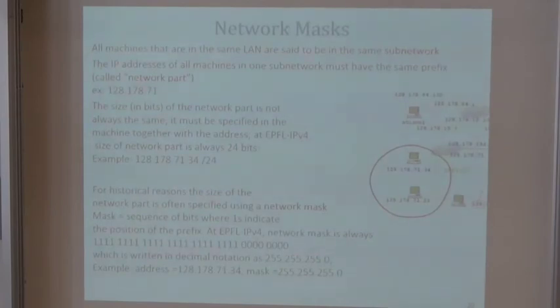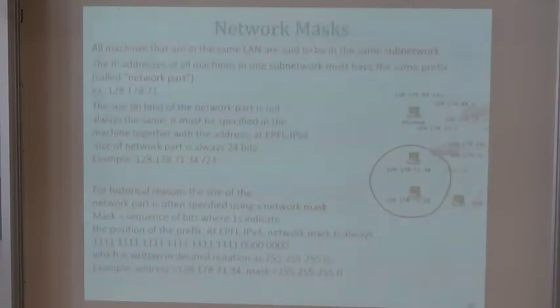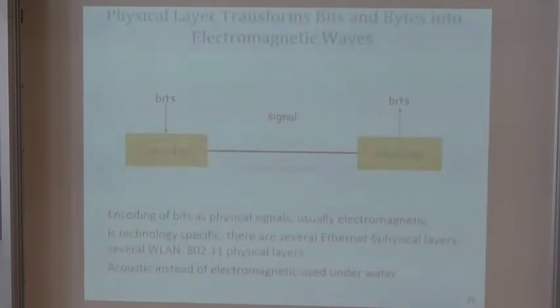What your computer does when it comes to EPFL is first contact a server to obtain that information, and only when it has that information, it is able to communicate in the network. So this is the MAC layer, and how the MAC layer is visible in the IP layer in the form of network mask. Now the layer below is the physical layer.